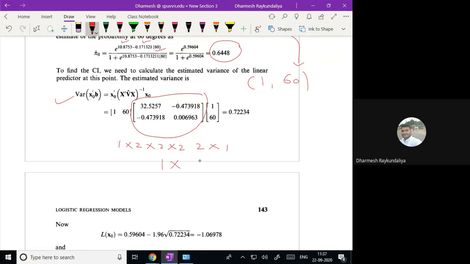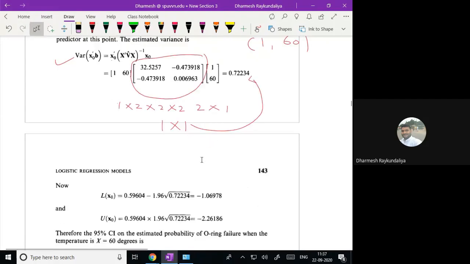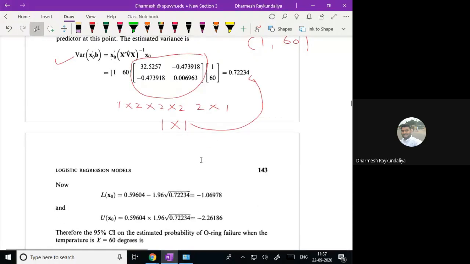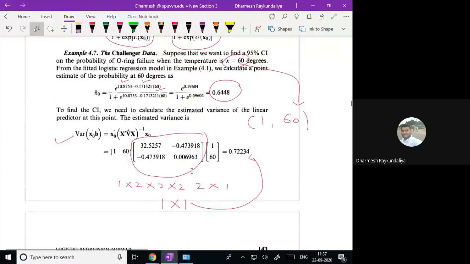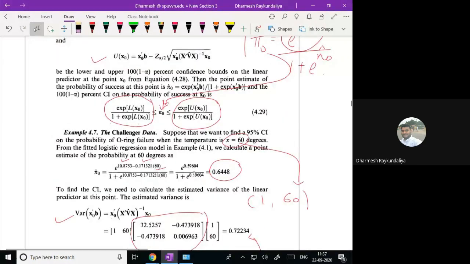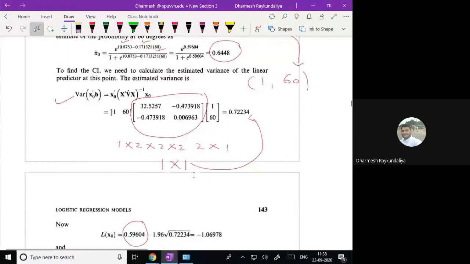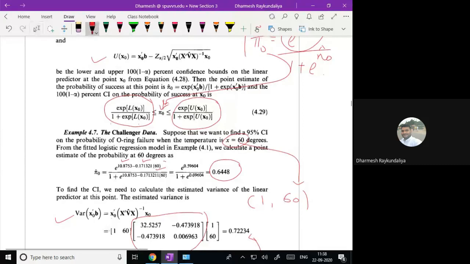That means the result is 1 cross 1, and that is how it gives a scalar. So we have only one linear predictor. Now we get this, so just take the square root of that. This is the estimate of the linear predictor, 0.5906. When you substitute it, you will get this.